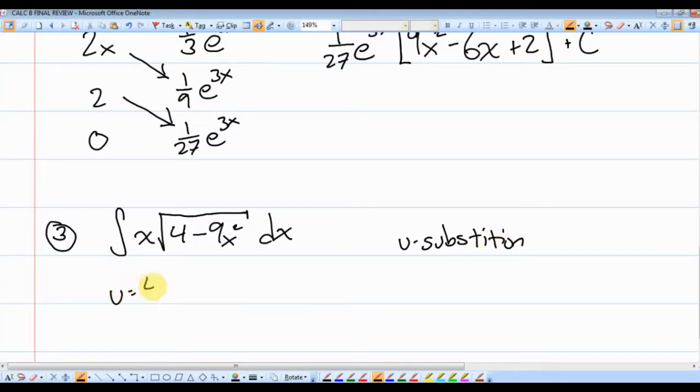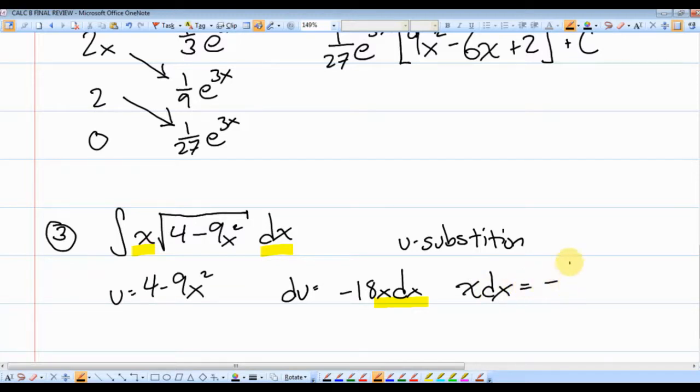So u is equal to 4 minus 9x squared. du is equal to negative 18x dx. I'm going to note that I have an x dx. So that x dx is going to be replaced with negative 1/18 du.